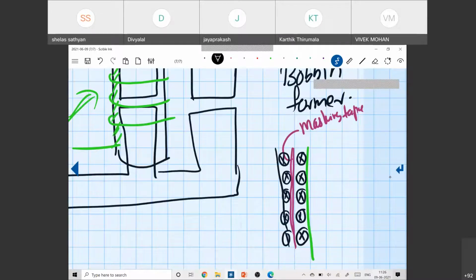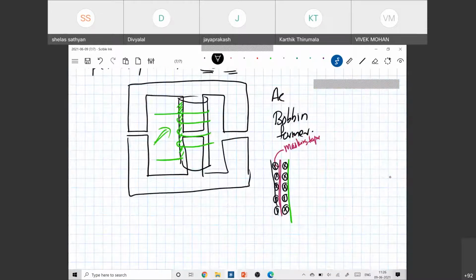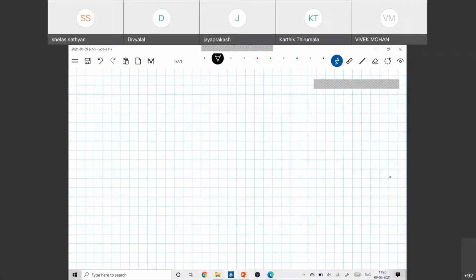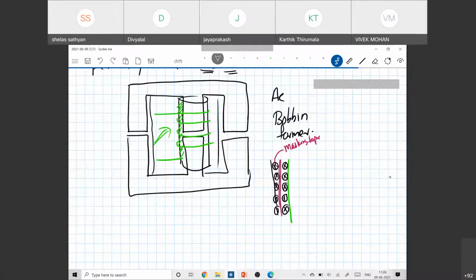So even though you have a large amount of free space for accommodating the winding, in practice we cannot make use of the complete space, because some part is used by the bobbin, some part is used for the insulation, and some of the area needs to be kept for the natural cooling, because you cannot connect a fan to the inductor. Usually we will connect a forced cooling system for the complete circuit. We cannot give only for an inductor one special fan. So we have to provide some good amount of space for the natural cooling also.